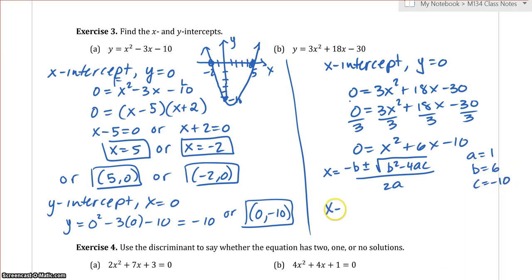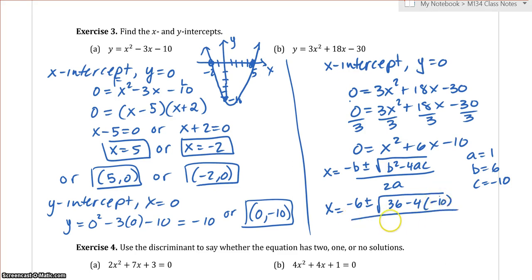So if you go ahead and do this, what do we get? Let's go ahead and do this one together. You get -6 plus or minus the square root of 6 squared, which is 36, minus 4 times A, which is 1, so that really doesn't matter. You can write it, you don't have to. Times C. Oh, no, that was B. C is -10.